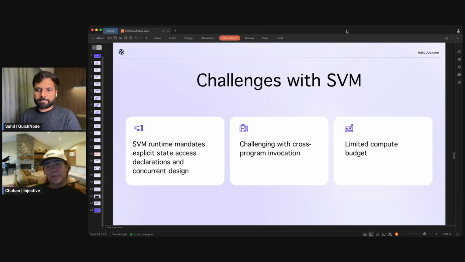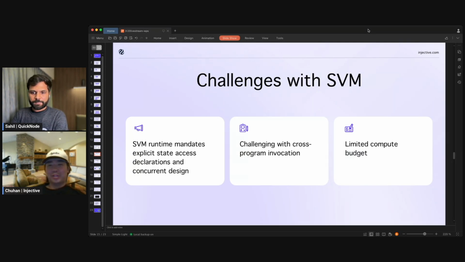SVM also has some drawbacks. For example, the SVM runtime mandates explicit state access declaration and concurrent design. Also, it has a limited compute budget.